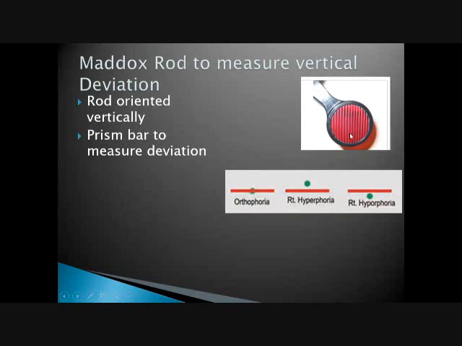And if normal muscle balance is present, then with the left eye, the patient will see the spot of light, and with the right eye, the patient will see a straight red line. And in case the right eye has gone up, there is right hypertropia, then the patient will see, because the eye has gone up and now this part is stimulated, this will be projected as down. So in right hypertropia, the red line will be down.